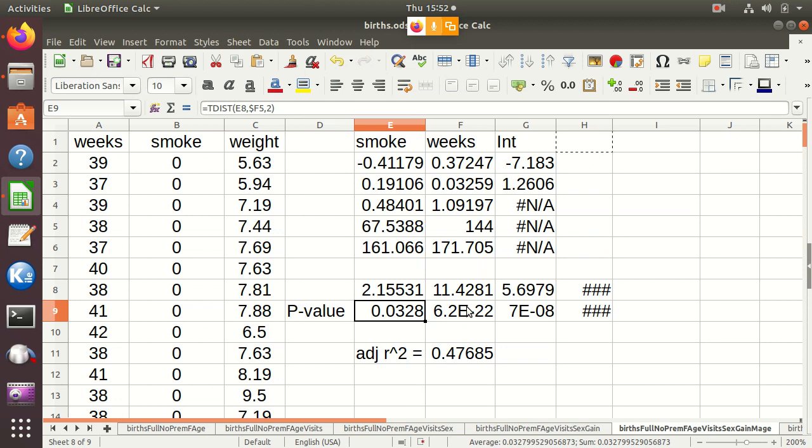This is why your final project should take you a while, because this is how you want to approach talking about your study. You don't want to just say, oh, I'm interested in smoking and birth weight, so I look at those two variables, and there you go.